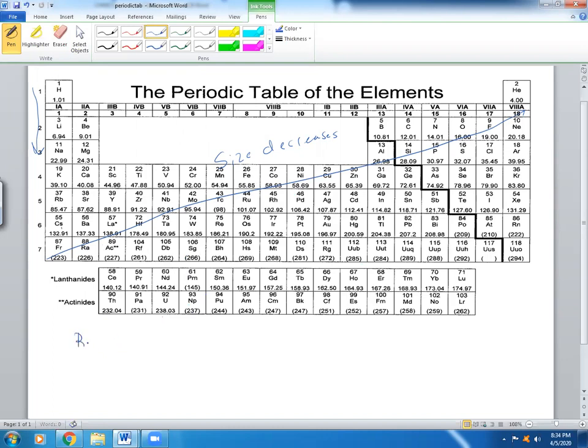And the question goes, rank the following atoms in increasing order in terms of atomic radius.